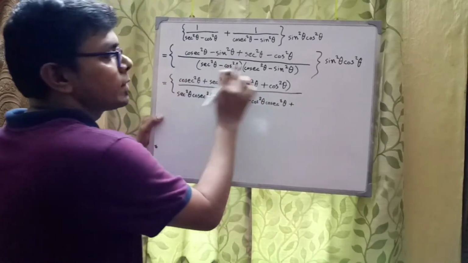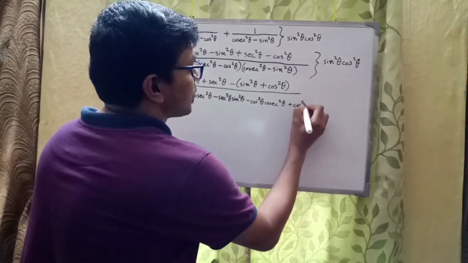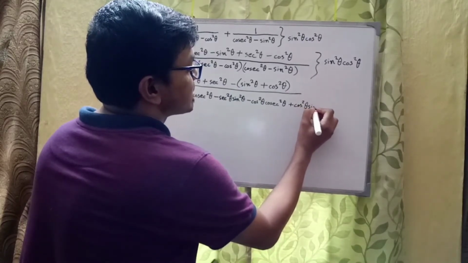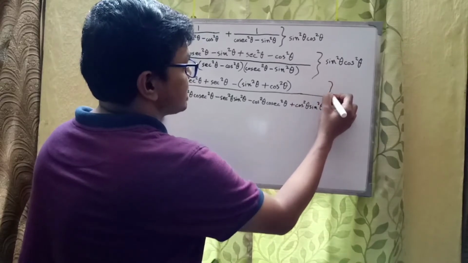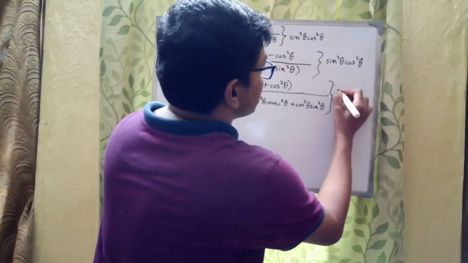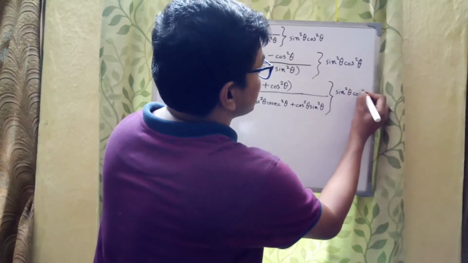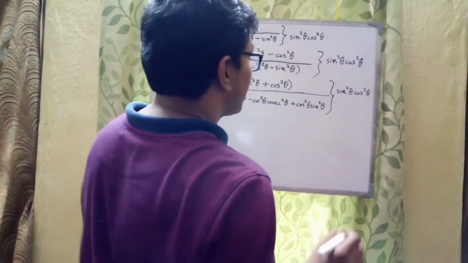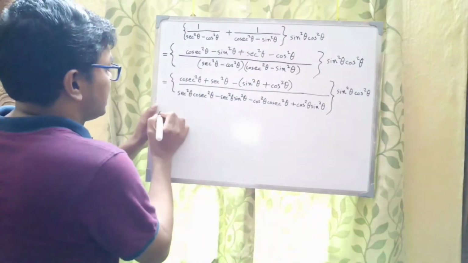Plus, we have a minus here and a minus here, so we have plus cos² θ sin² θ. And we must not forget this factor over here, that is sin² θ cos² θ. We are moving step by step gradually.